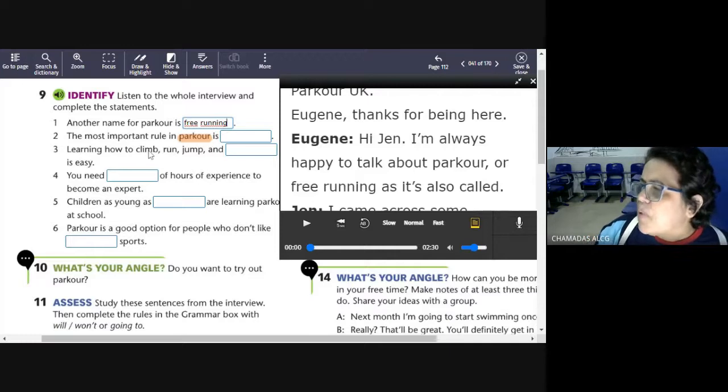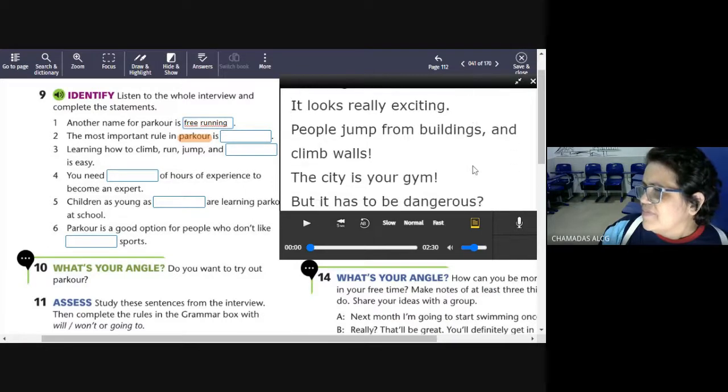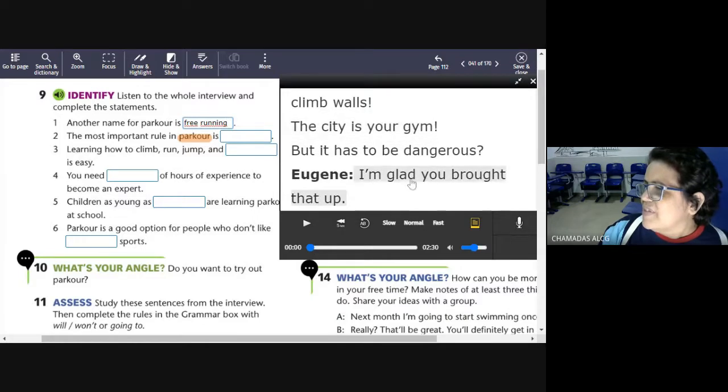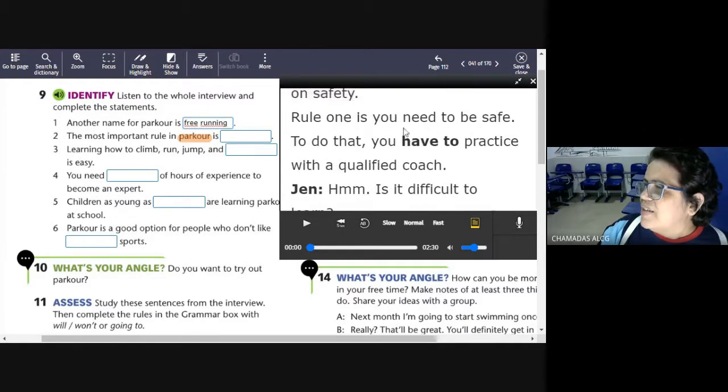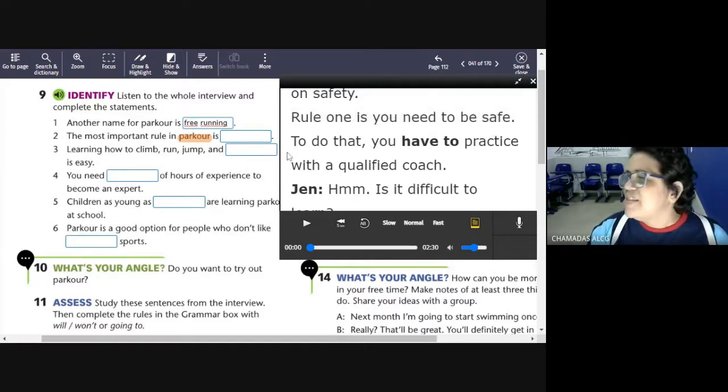The most important rule in parkour is... so look, rule 1 is you need to be safe, right?